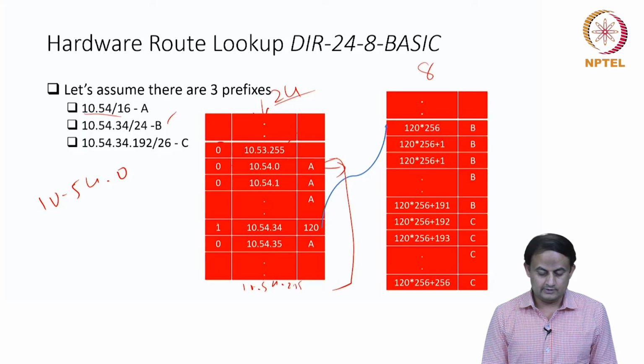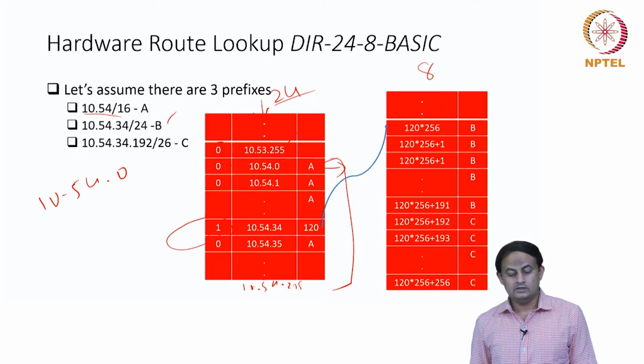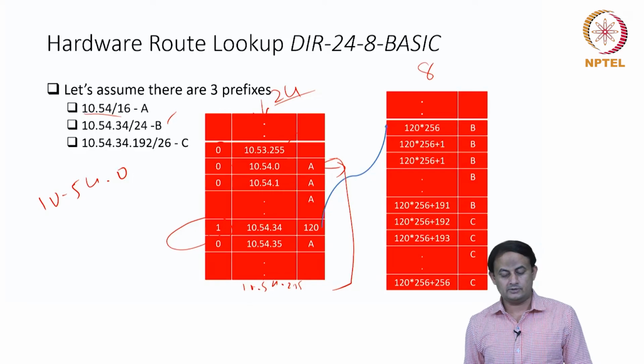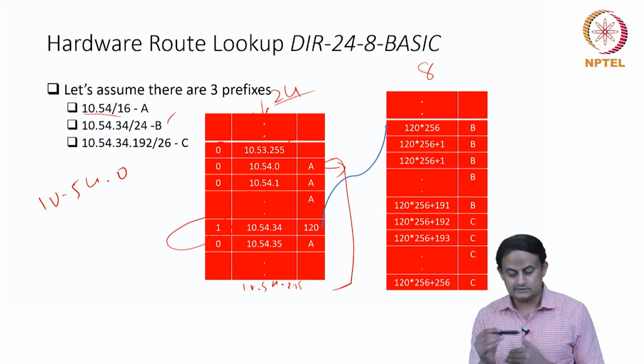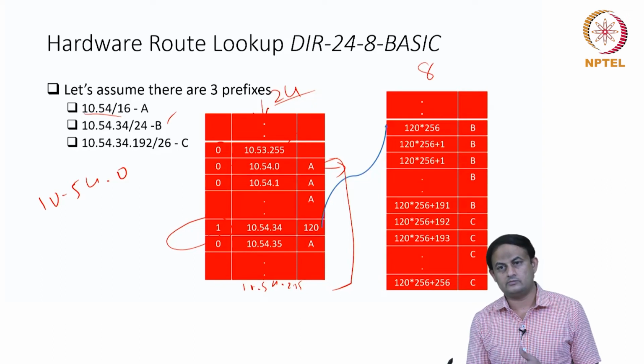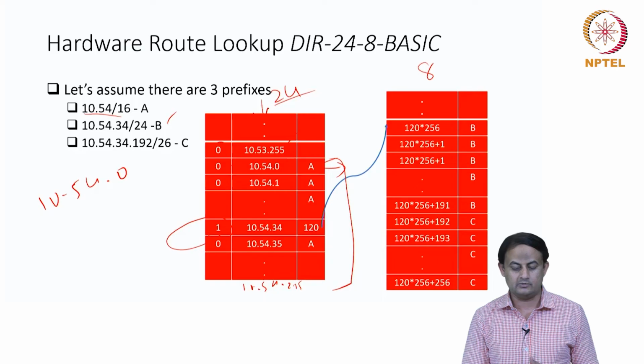What we do here is the second level table reference is required, and that's why this is marked as 1. And the third column is for the cases where direct forwarding can be done by consulting this table only.